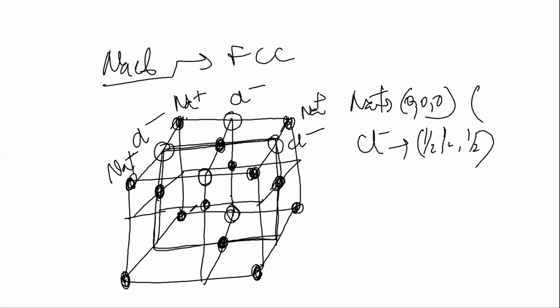Again, with sodium at 0, 0, 0, at half the distance I have a Cl minus ion, and at the next distance I have an Na plus ion. In this way distances increase, and based on the first and second nearest neighbors I can easily calculate the positions of sodium plus and chlorine minus ions.